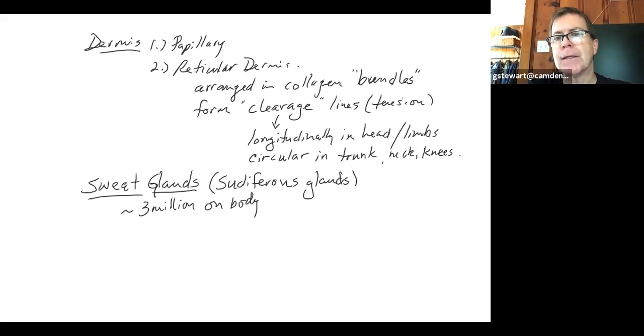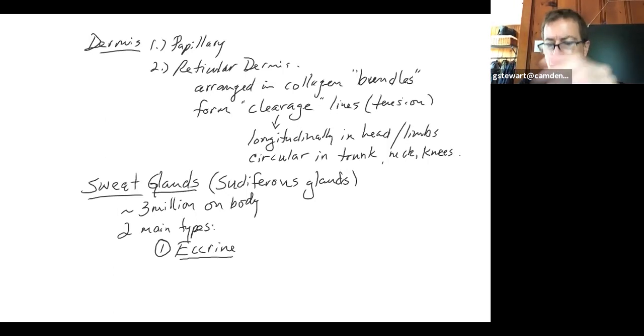And there's two main types of sweat glands. So I'm going to go over those fairly quickly. First major type, eccrine. It's pronounced eccrine. Eccrine sweat glands are, first, merocrine in function.